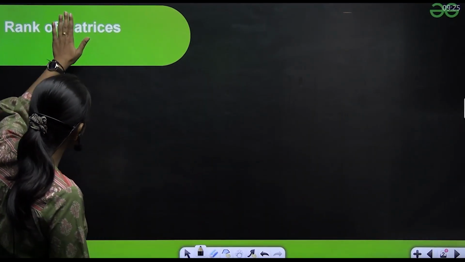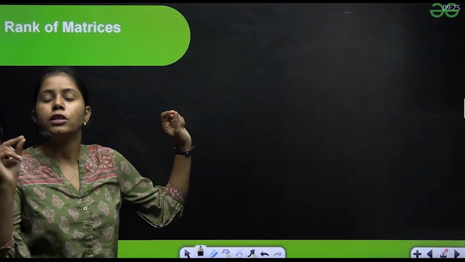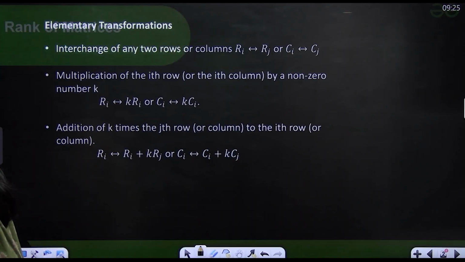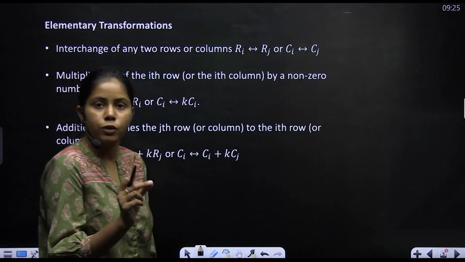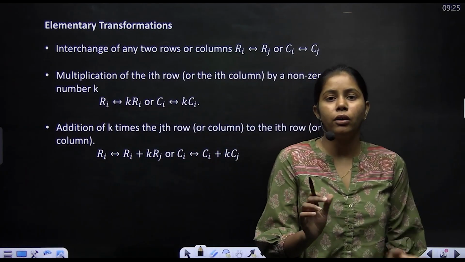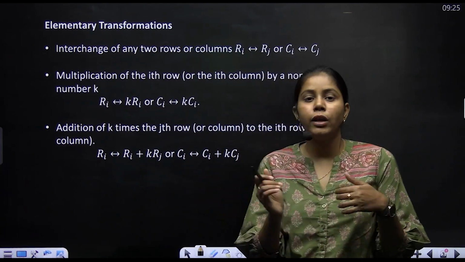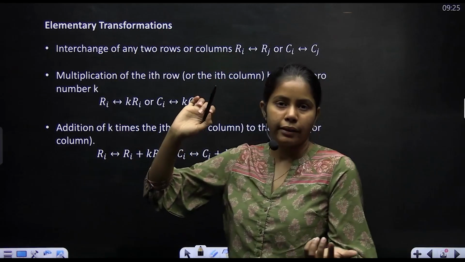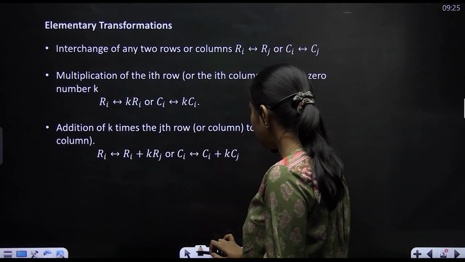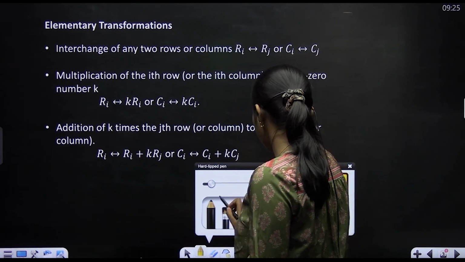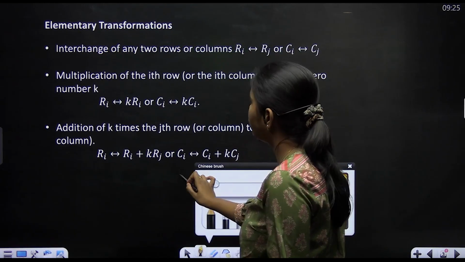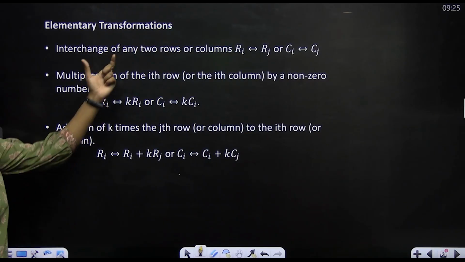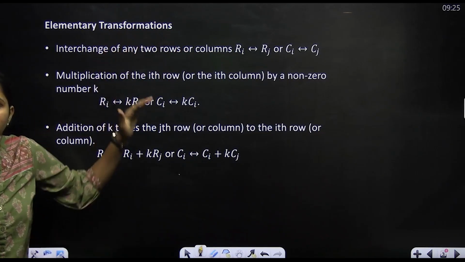To understand rank of matrices, first we have to understand some elementary operations or elementary transformations. These elementary transformations we have already worked with in determinants. Not all the properties, but some of them we have used. Elementary transformation means that I can transform the matrix using these operations.